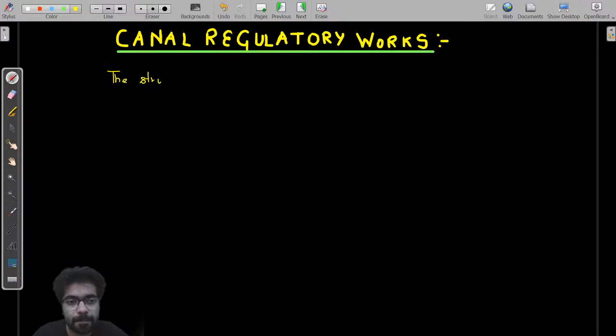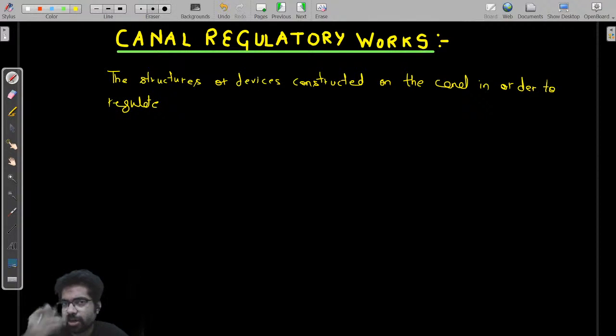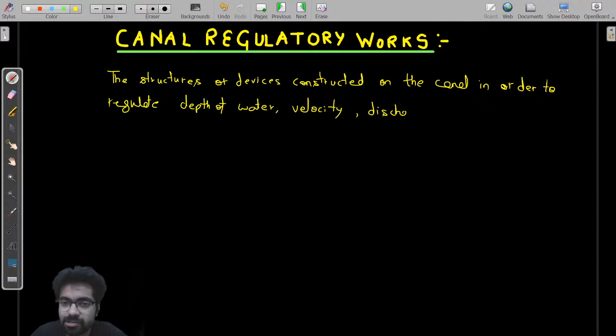The structures or devices constructed on the canal in order to regulate, mainly three things: depth of water in canal, velocity in canal, discharge in canal, and silt entering into canal.